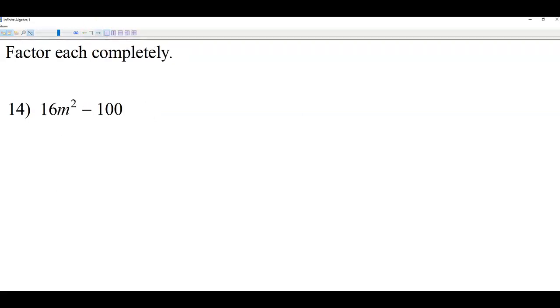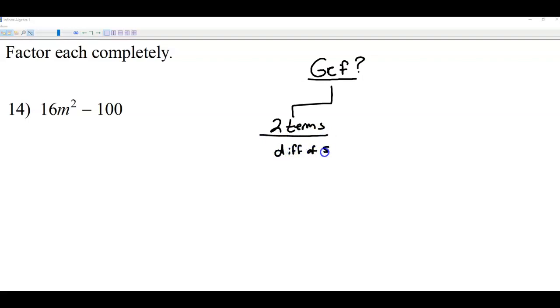All right, so now we're going to move on to factoring. Just to review with you guys how to factor. You always start by taking out a GCF. Now, there won't always be a GCF, but if there is, you're going to take out the GCF. Next, if there's two terms, perhaps it's a difference of squares. It may be, it may not be.